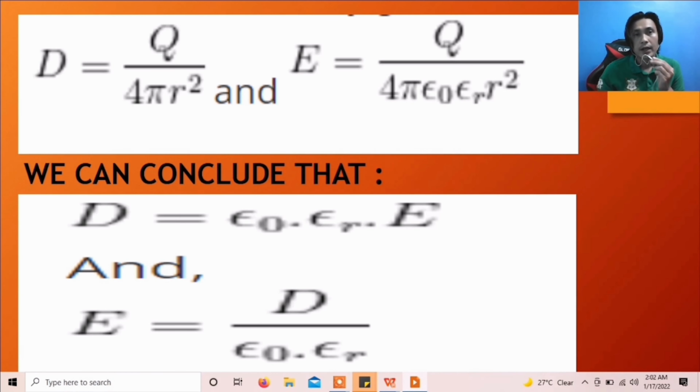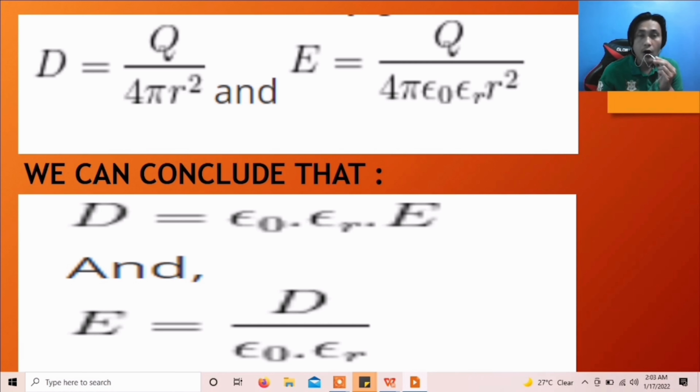So we get the equation D equal to Q over 4 pi r squared, and E is equal to Q over 4 pi epsilon naught epsilon r and r squared.